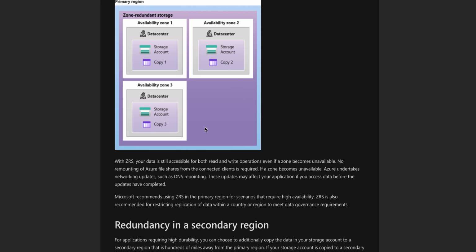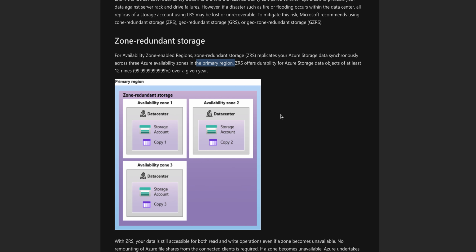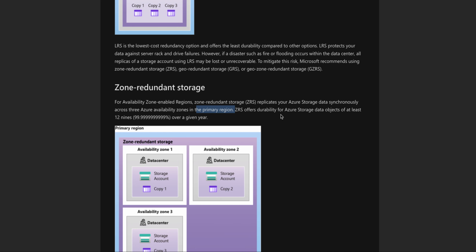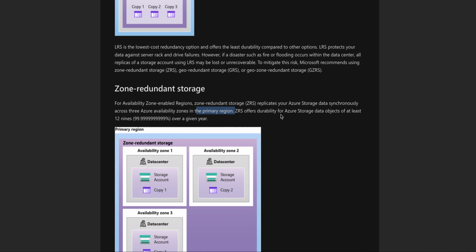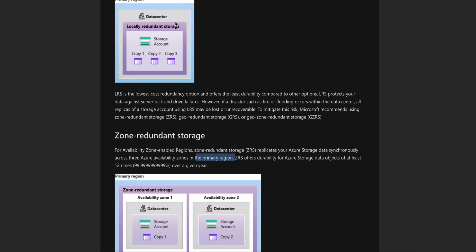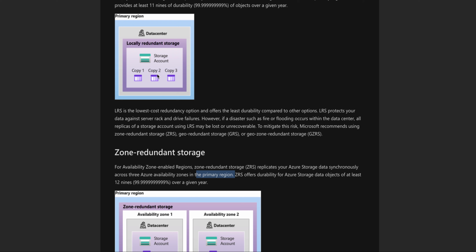And with ZRS, your data is still accessible for both read and write operations, even if a zone becomes unavailable. Unlike LRS, where if something happens to the data center, all replicas of a storage account using LRS may be lost or unrecoverable.